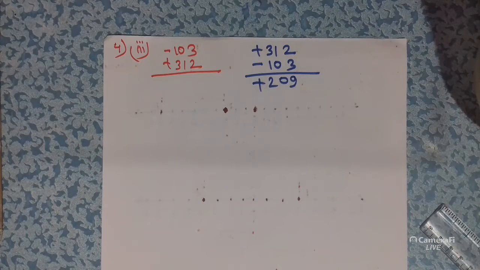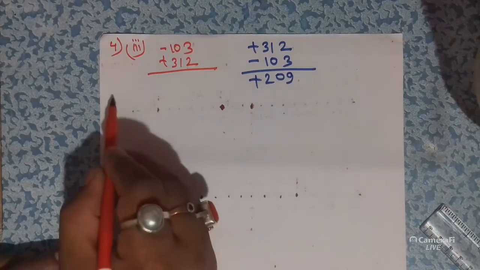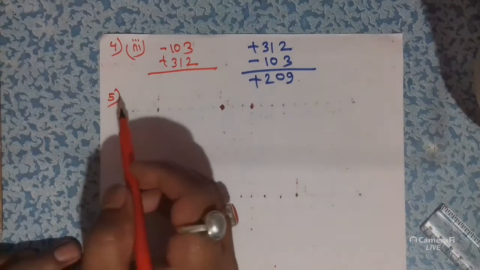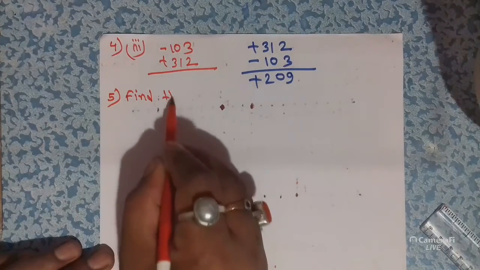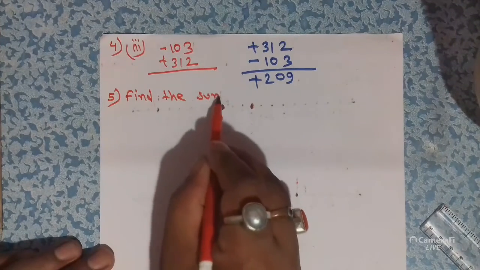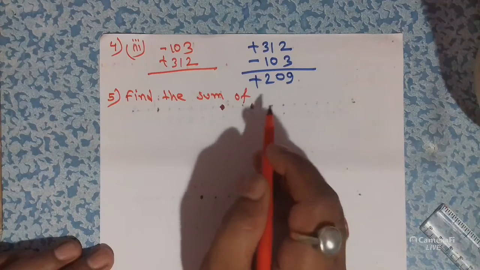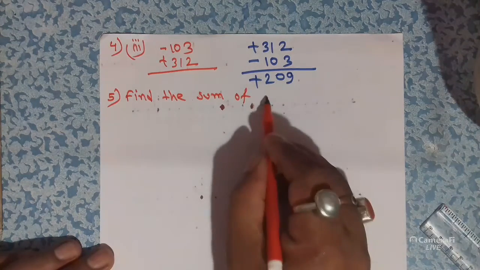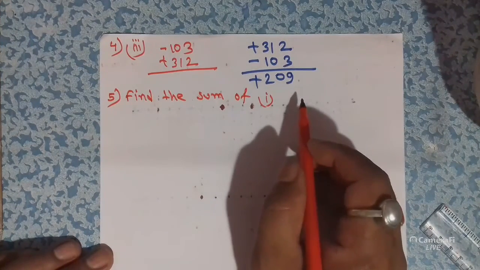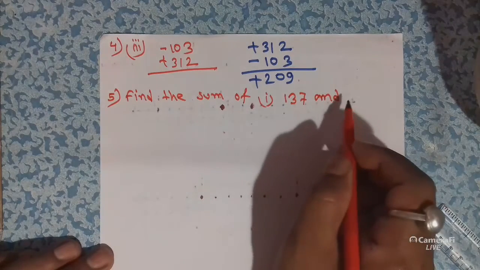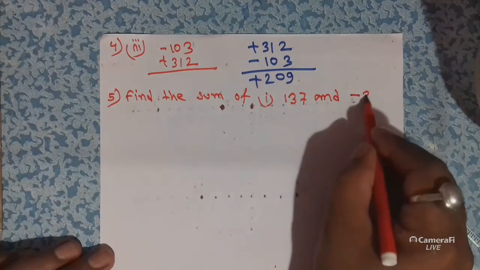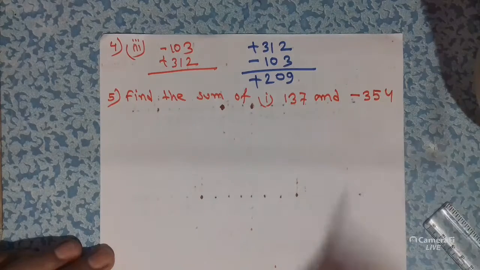Now question number 5. Find the sum of 137 and minus 354.